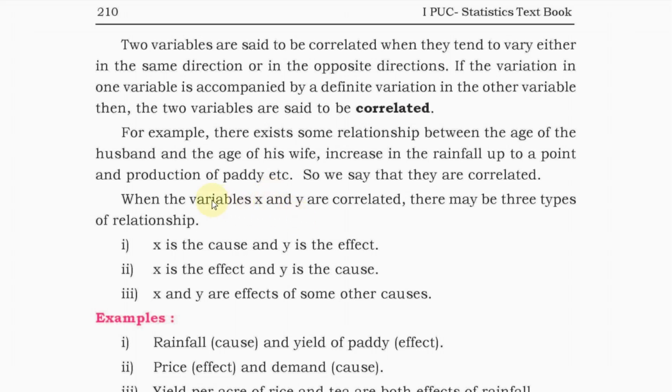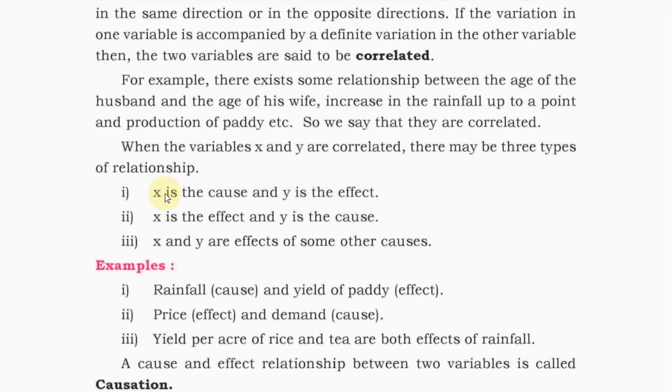So when X and Y are correlated, they may be of three types. The correlation between any two variables can be of three types. First, X is the cause and Y is the effect. So there is an effect of one variable X on the other variable Y. Second, X is the effect and Y is the cause, the vice versa of the first one. Third, X and Y are effects of some other causes.